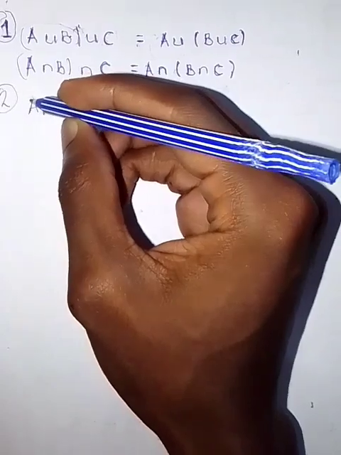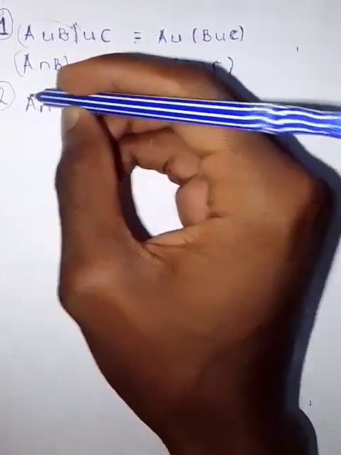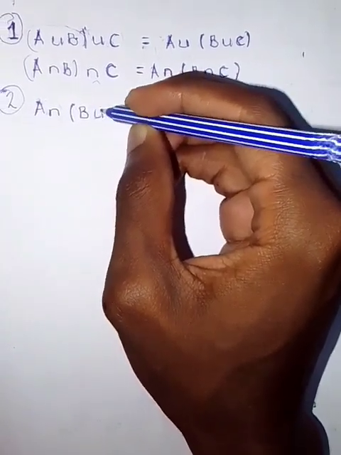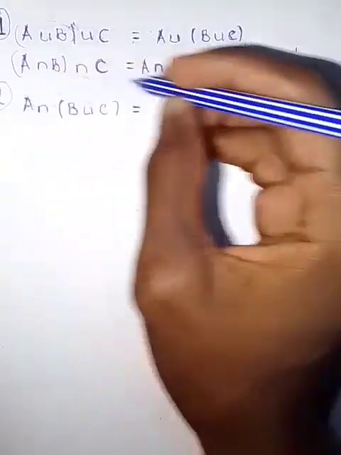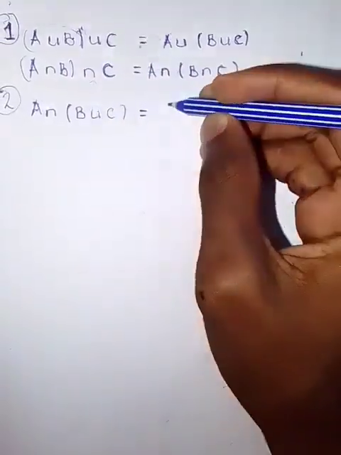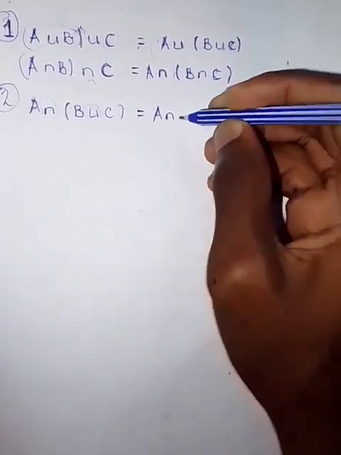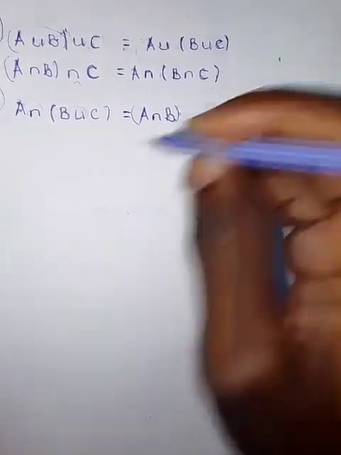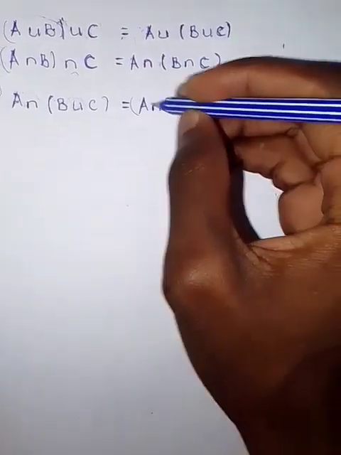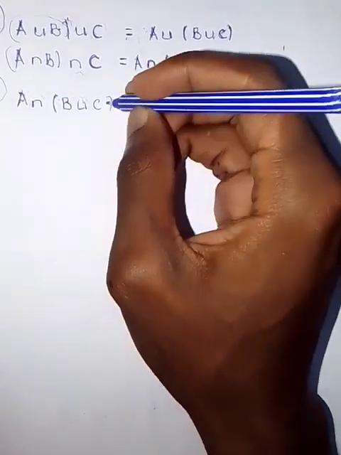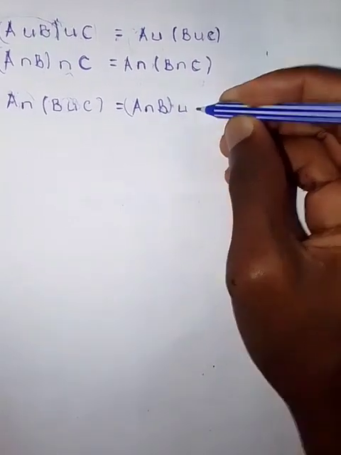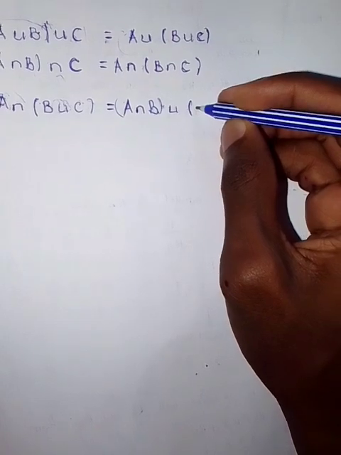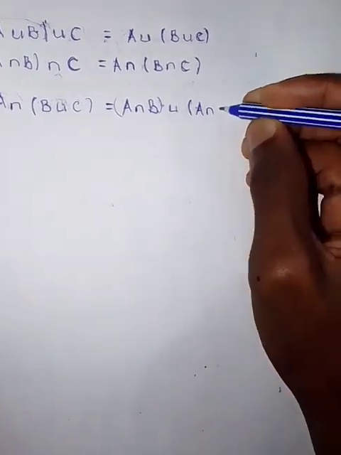You're going to get A intersection B, A intersection C, then you separate them by a union. So A intersection times B is going to be A intersection B. You close the parentheses, and then you separate by what is inside, the union. Now you multiply A intersection with C, so we are going to have A intersection C.